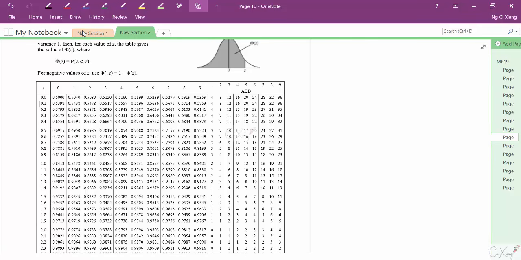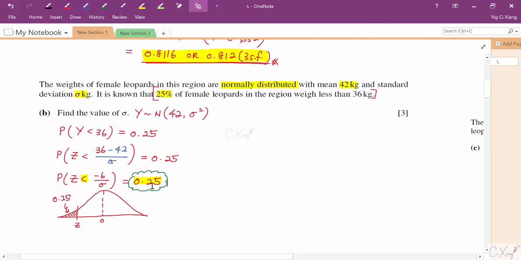Okay, so that means when the area does not exist in the normal table, you have to look for the matching area. So this is 0.25, the small area, where the matching area will be this whole thing, which is 0.75.